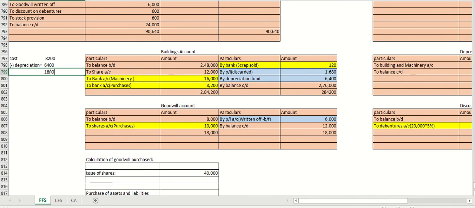This is nothing but your balance. Now what are we supposed to do? This balance of 1,800 is nothing but the written down value of rupees 1,800.